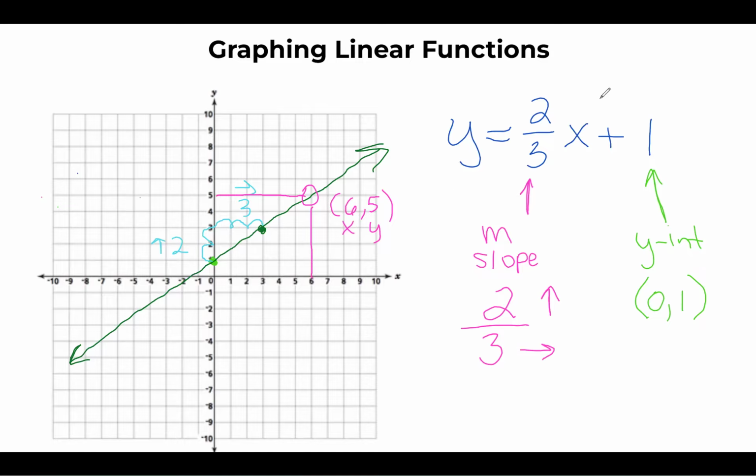Simplifying on the right, you would end up with a 5 as well. So there are ways you can check yourself with this graphing, but if you are just following the y-intercept, then your directionals, you will have a correct line.